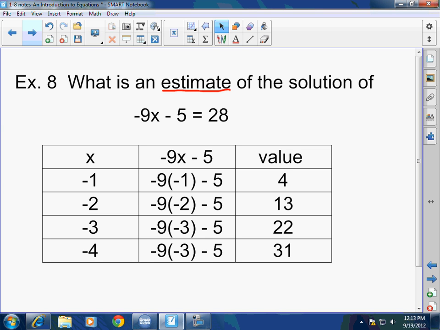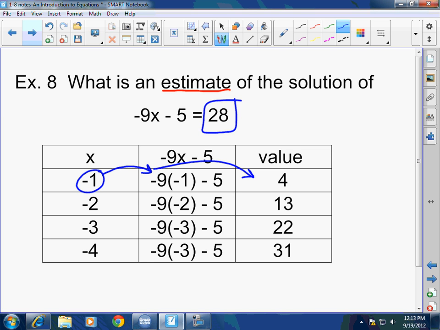He said it's the first one, negative 1. So you mean to tell me that when x is negative 1, and you plug it into the equation, it gives you a value of 4. 4 is equal to 28. So, with all due respect, guys, read. What is an estimate of the solution of negative 9x minus 5 equals 28?